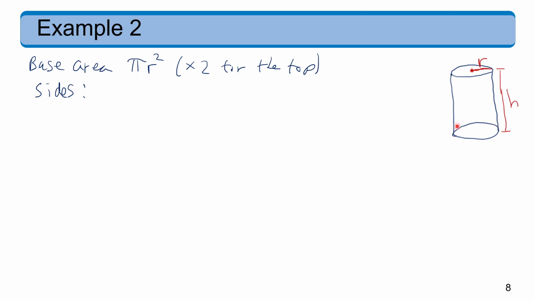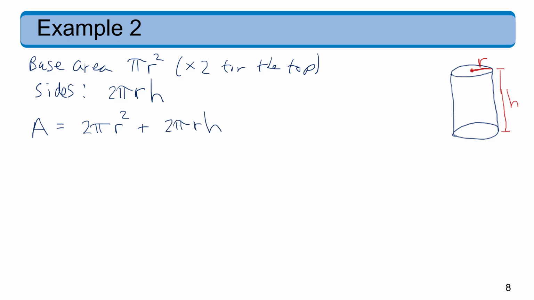Okay, so the perimeter, of course, we know that formula is 2 pi r, and then multiply it by the height, which is h. So the total surface area will be all of those pieces added together. So we take the base area times 2, that's 2 pi r squared, right? Multiplying by 2 accounts for having both a base and a top that are the same area. And then we add to that the surface area of the sides, 2 pi r h.